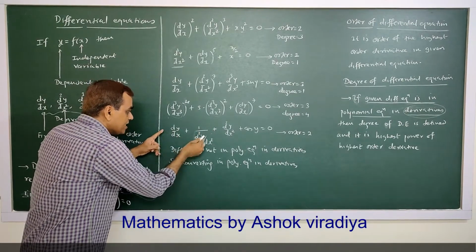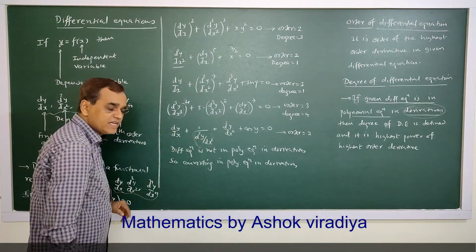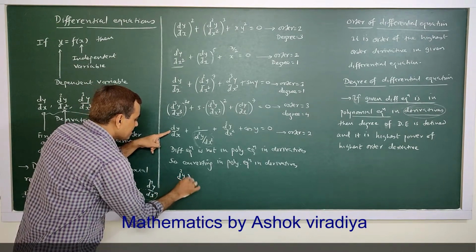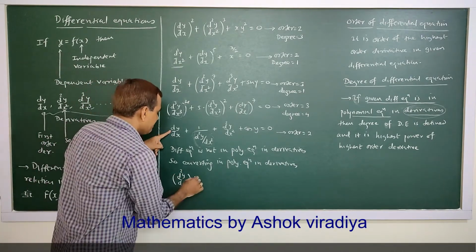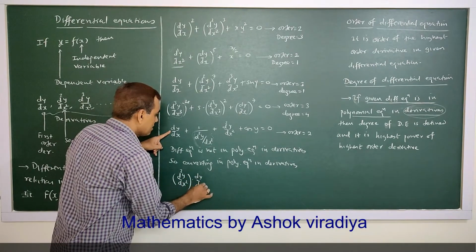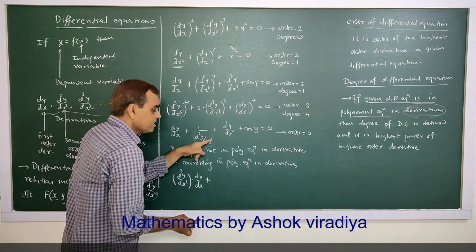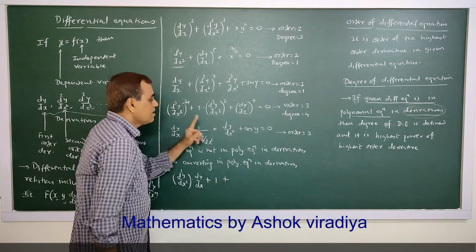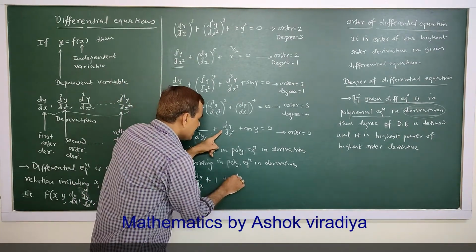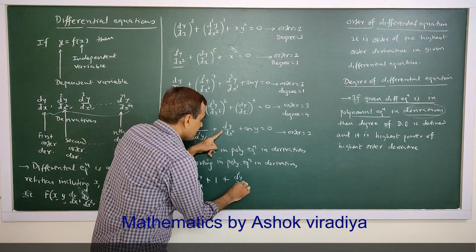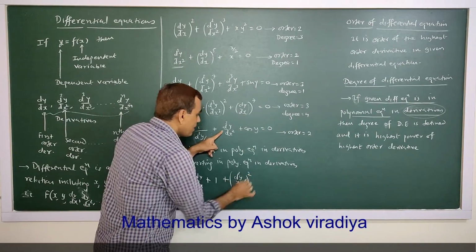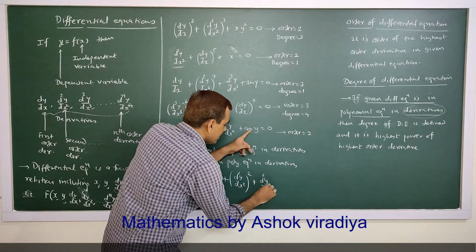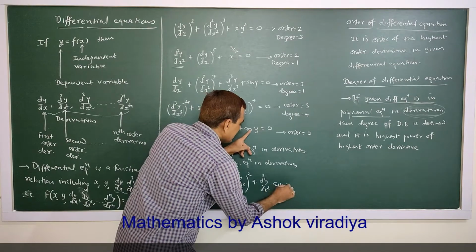I am multiplying this equation by d²y/dx². So d²y/dx² into dy/dx, plus multiplying this by d²y/dx², here it is 1, plus multiplying this by d²y/dx², so (d²y/dx²)², plus d²y/dx² into cos y equal to 0.